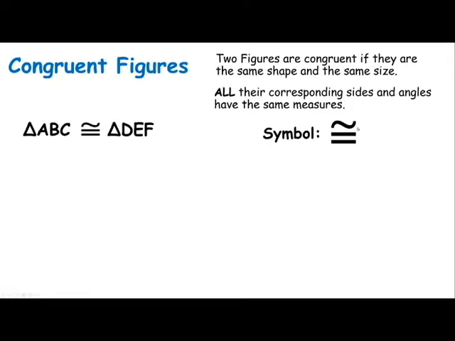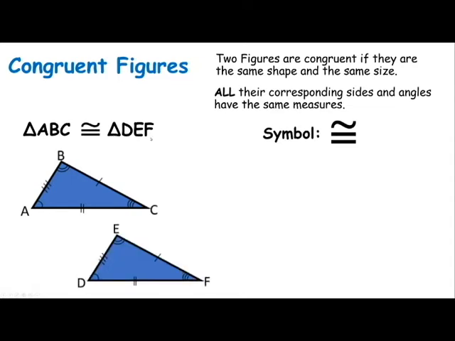So, suppose I were to tell you that triangle ABC, that's this triangle right here, is congruent to triangle DEF. That is this shape right here. When I make this statement, there are lots of things that this tells me about the relationship between these two triangles. They are exactly the same size, they are exactly the same shape.